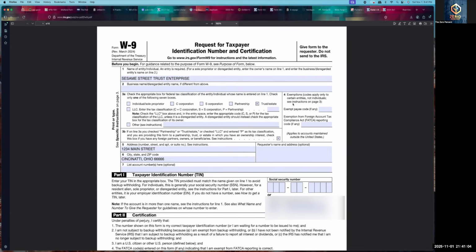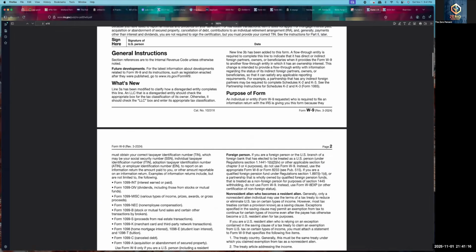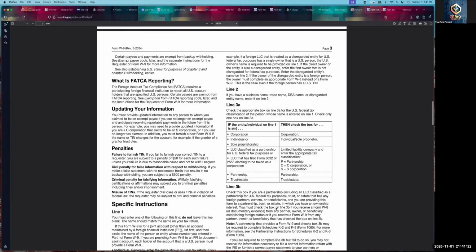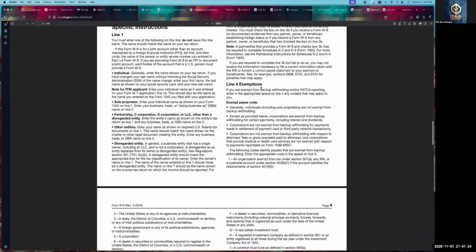So let's scroll down to page 3, right here, line 4, exemptions. If you are exempt from backup withholding and/or FATCA, this is for the foreign tax accounts, enter in the appropriate space on line 4 any codes that may apply to you.